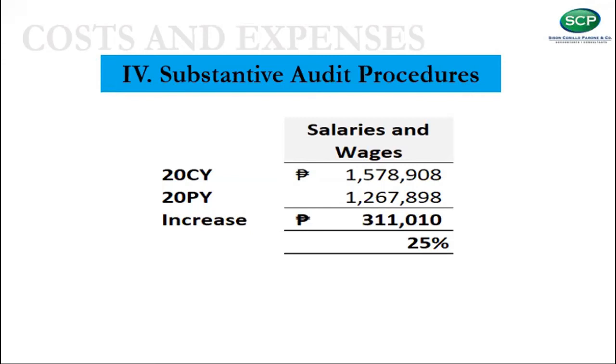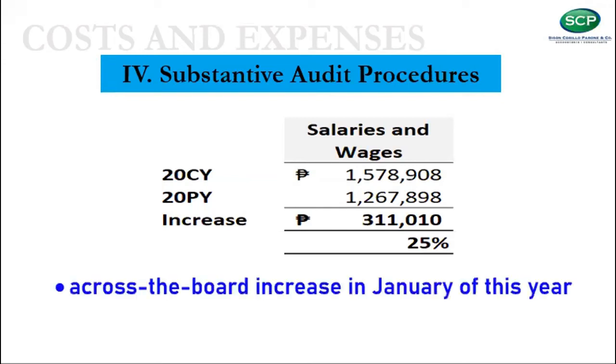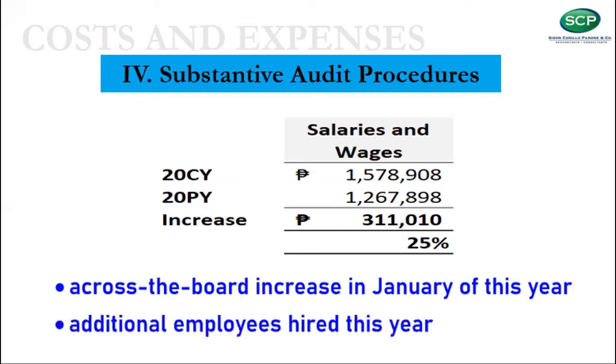So the client told us that the increase is due to the across the board. Ito yung reasons ng kliyente for this increase. There was an across the board increase given to the employees starting in January of this year, and also because daw there were additional employees who were hired this year as well. So yun yung reason niya.